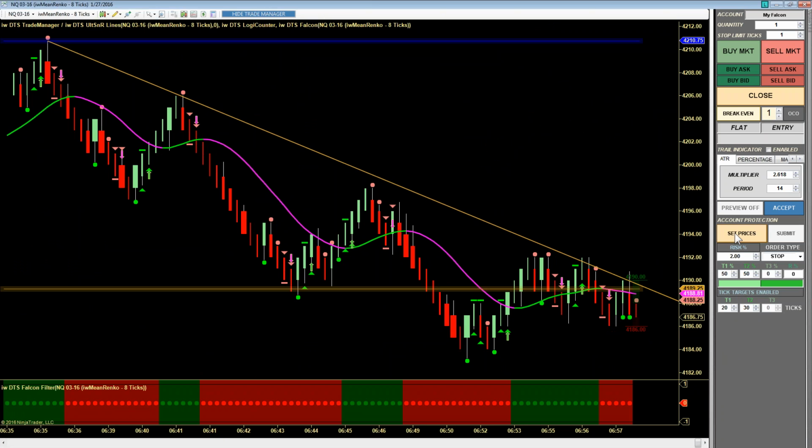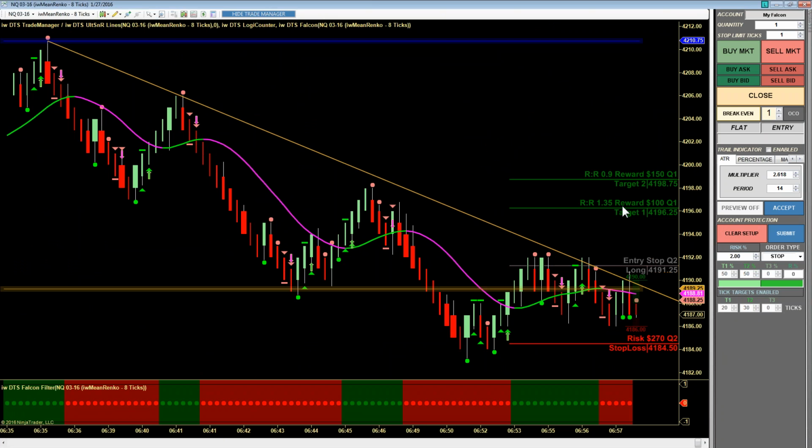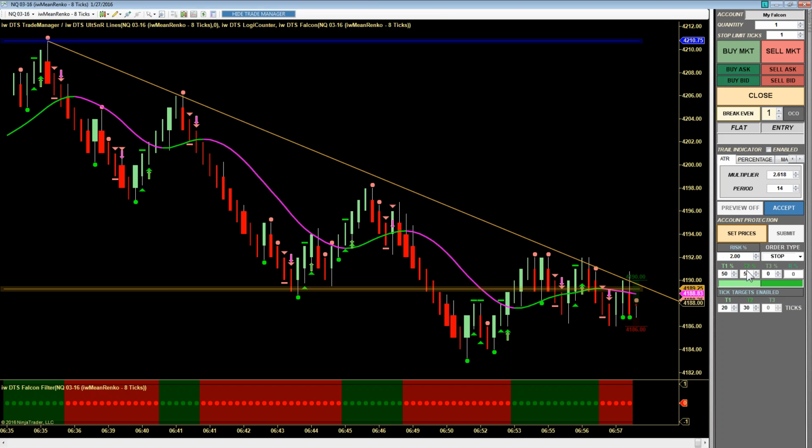I can do that too. So I would set up my trade, and now I've got my two separate targets. I can leave a runner in. I can split them up any way I like. That's something that I forget to show people sometimes. But right now, given the kind of session it is, I'm just going to go all in, all out.